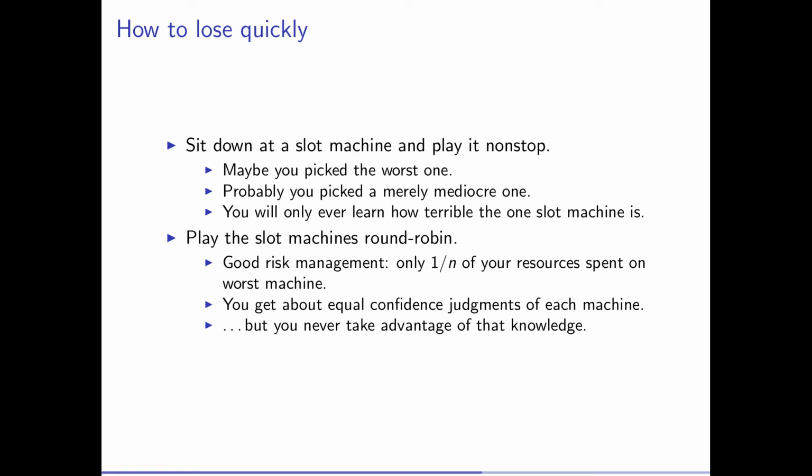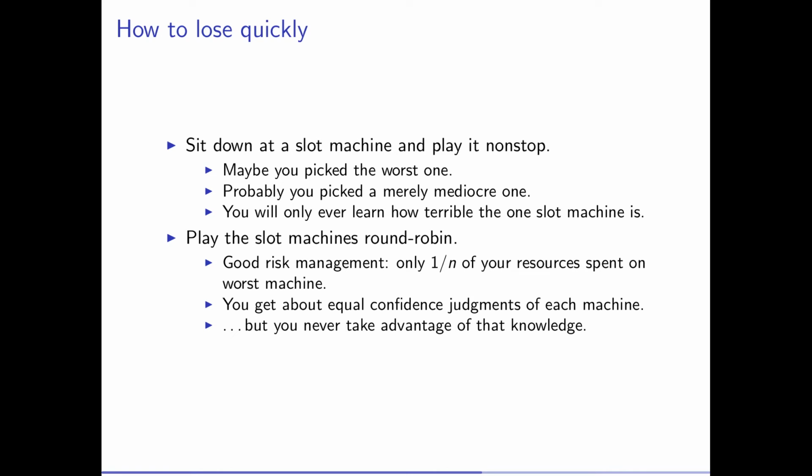One thing you could do is you could walk in, pick a slot machine, and just say once and for all, that's the one I'm going to play, and I'm going to play all $20, and I'm just going to play until I'm out of money. And the problem with this is, it's possible that you picked the worst one. Probably you didn't. Probably you picked a merely mediocre one. But you'll never learn any information about any of the slot machines except the one you picked.